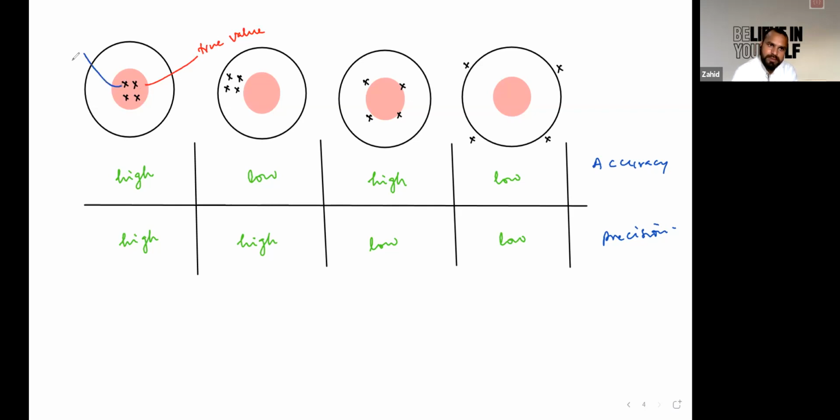So if experimental values are closer to this true value, it will be termed as high accuracy. And since all of these experimental data are closer within themselves, it will have high precision. Is it clear to this part? Abdul Wahid, any doubt? Okay, just write it down.